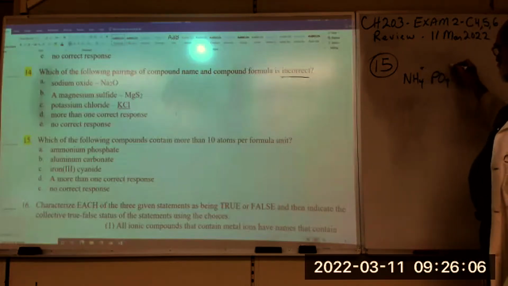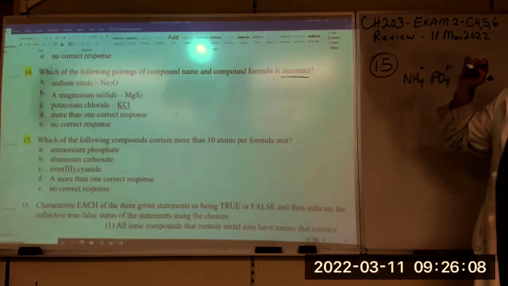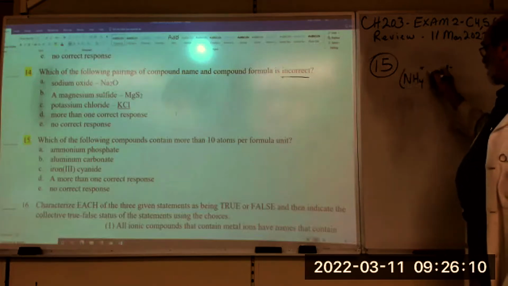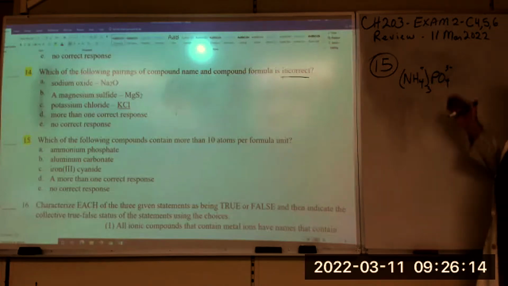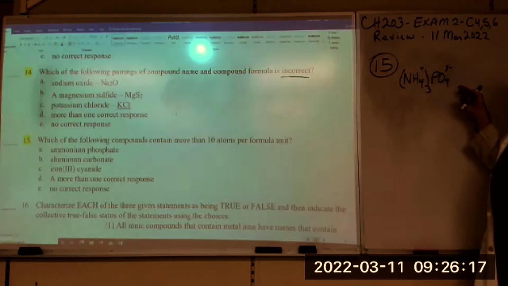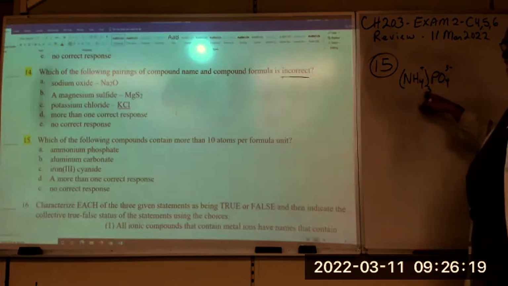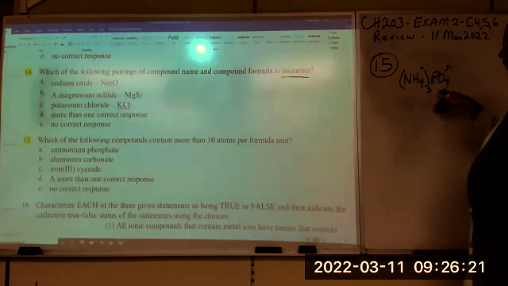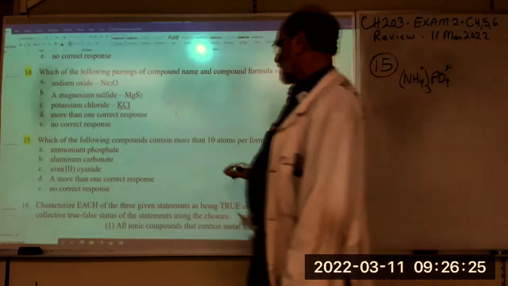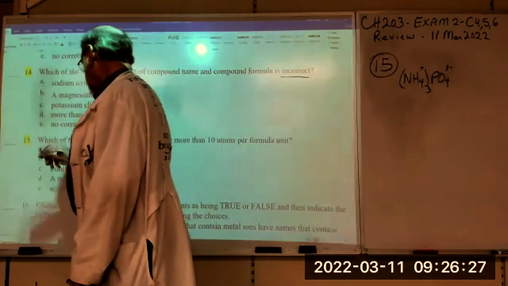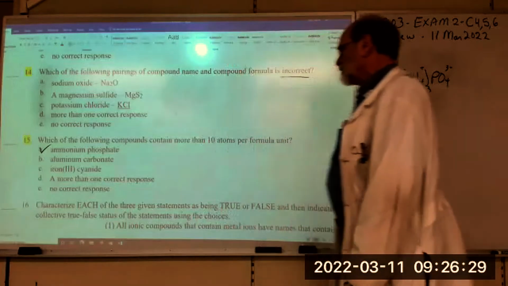That's a plus, this is a 3-, right? Okay, so that means we need 3 of those polyatomics to balance the 3- on that polyatomic. Well, let's see, this has got 3 + 12 is 15, we're already over 10. So this one is more than 10.